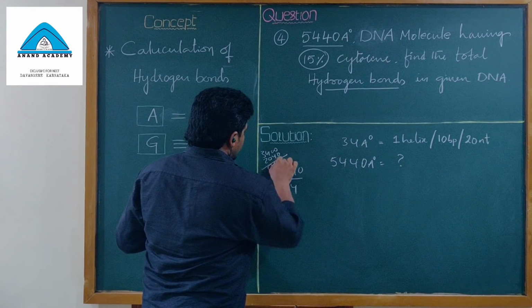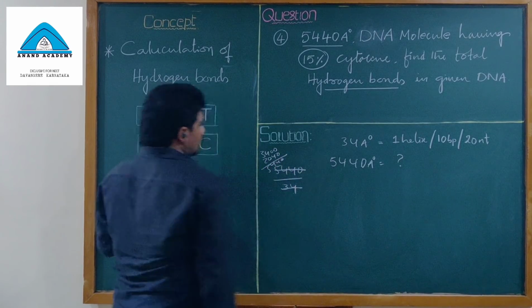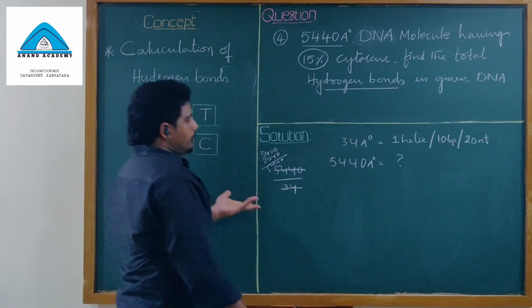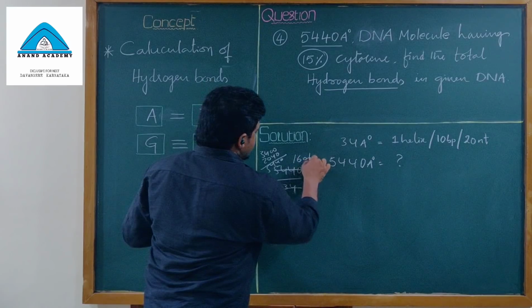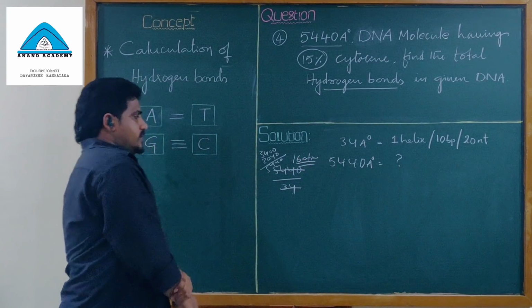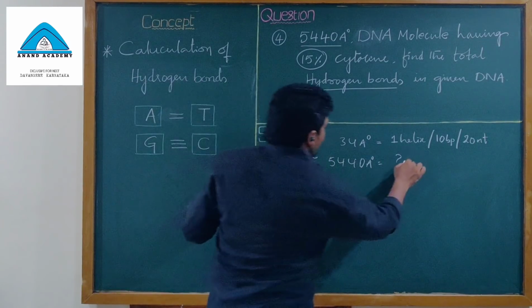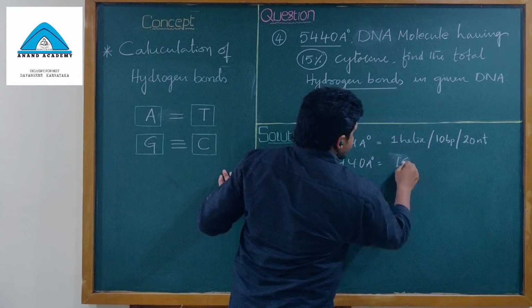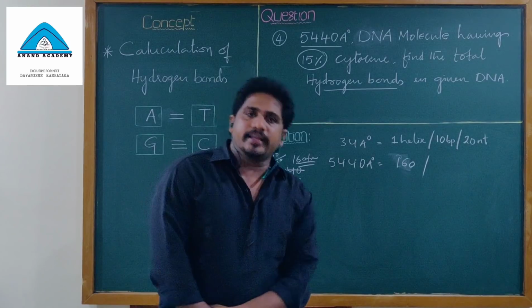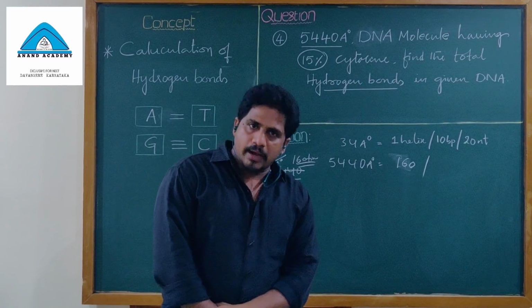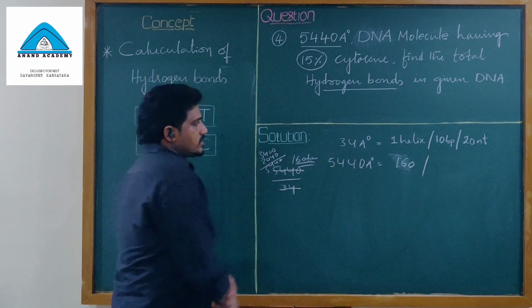So 34 goes into 5440, 160 times. So 160 helices. A 5440 angstrom DNA will have 160 helices.